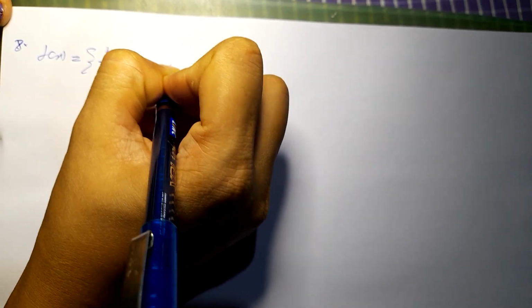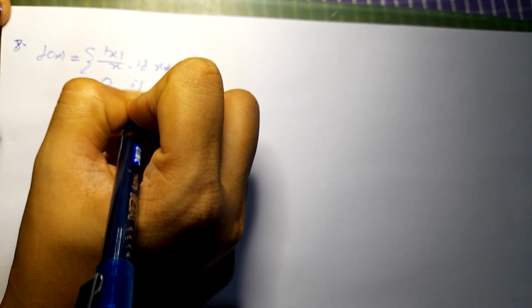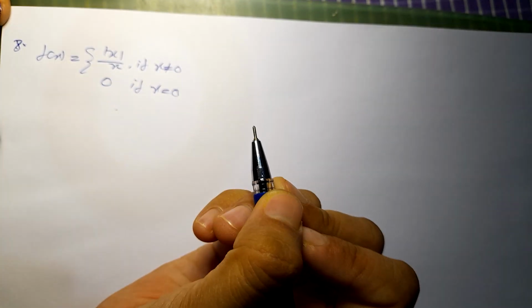So the given function is f(x) is equal to modulus of x divided by x if x does not equal 0, 0 if x equals 0.